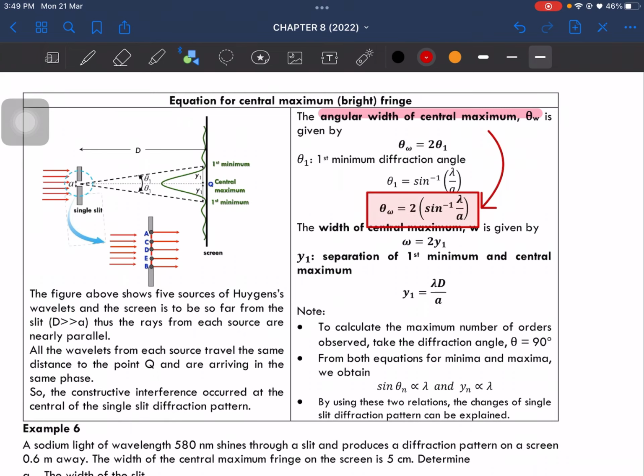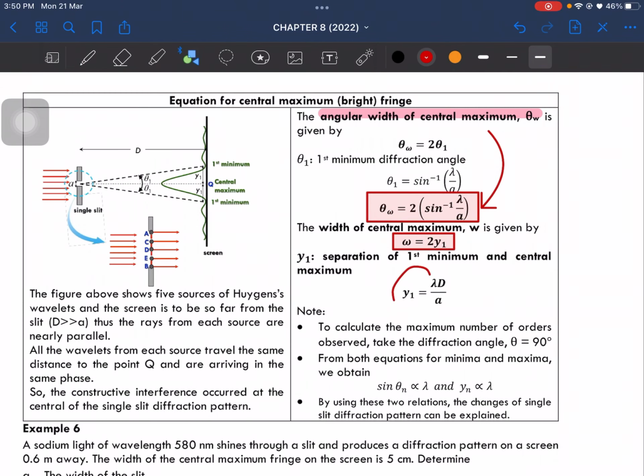The width of the central maximum, this one is the angular width, and then this is the width of the central maximum, which is shown here. Okay, so y1 is the separation of the first minimum and the central maximum.